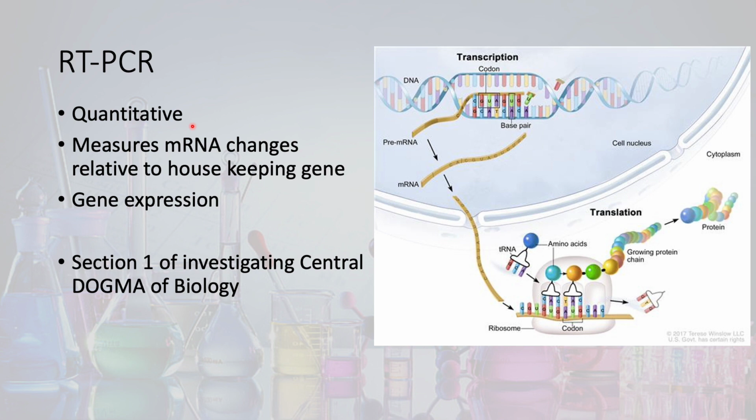As a reminder, RT-PCR is a quantitative or semi-quantitative method that biochemists and cellular and molecular biologists use to quantify gene expression. This tool allows us to measure the changes in mRNA transcription, and we can compare their relative expression profiles to a housekeeping gene.